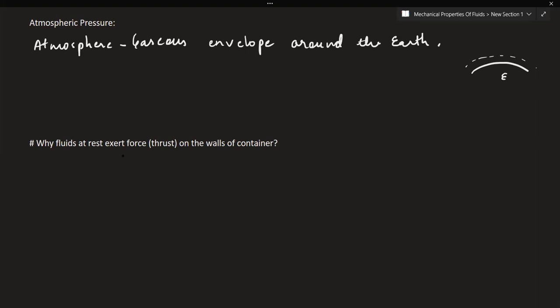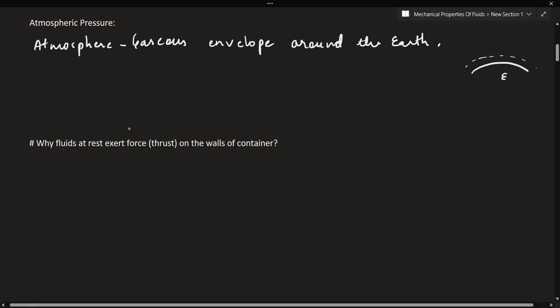So see, the atmospheric pressure, basically what happens is that the density of air decreases as we go up from the surface of the Earth. So therefore, atmospheric pressure is maximum on the Earth's surface and goes on decreasing as we go up from the Earth's surface. Since the density of air is not constant, we are not able to calculate the atmospheric pressure accurately.